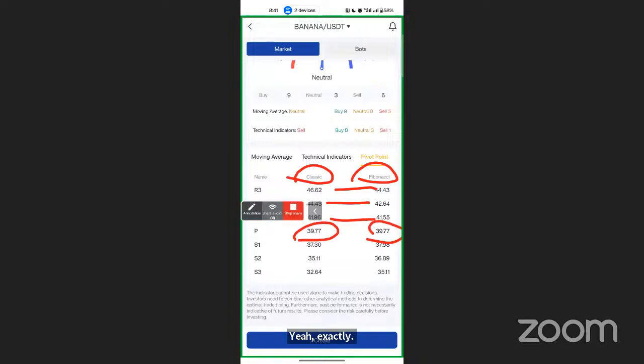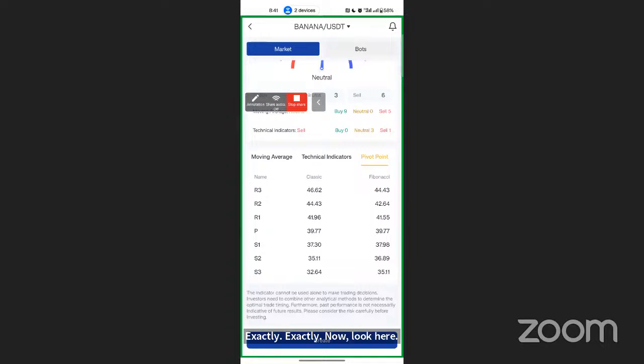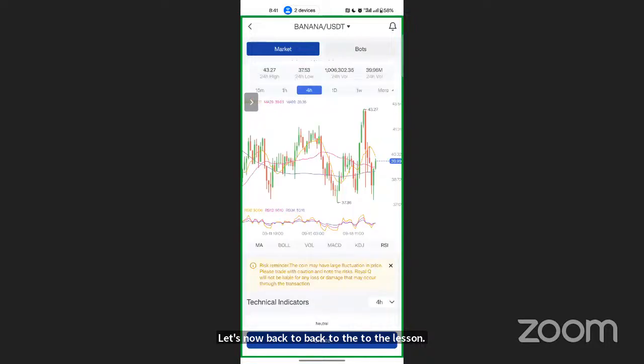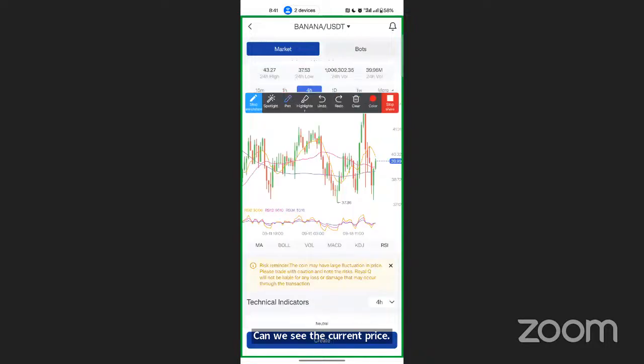Now look here. Let's now go back to the lesson. Can we see the current price? The current price of banana is 39.97. The current price is 39.95.